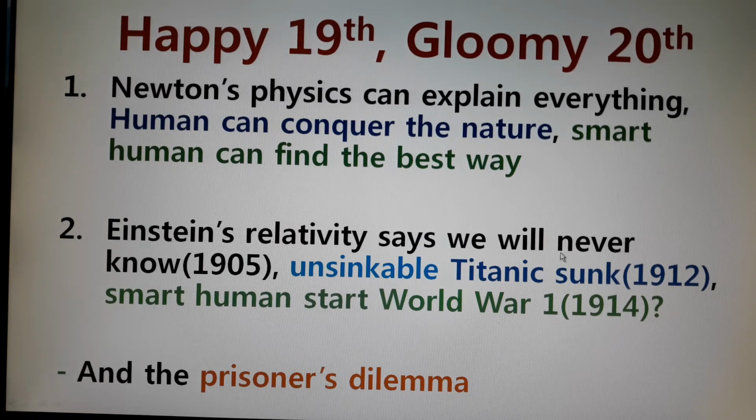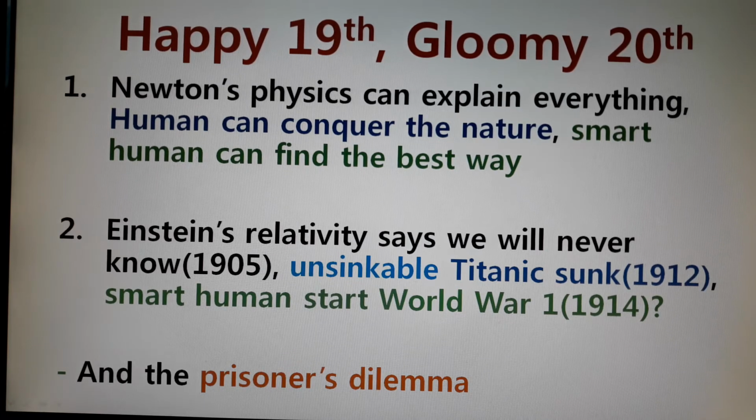Okay? What happened? In the 19th century, people got so arrogant, or so confident, they insisted we build a ship named Titanic, and the ship is unsinkable. But then the Titanic sunk in 1912.